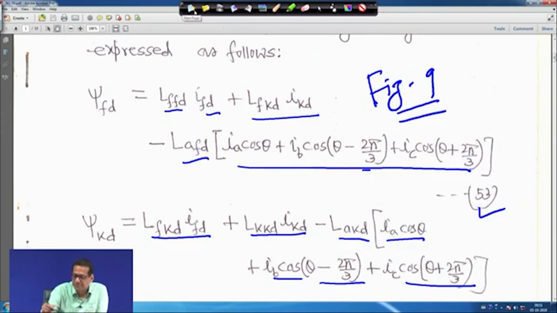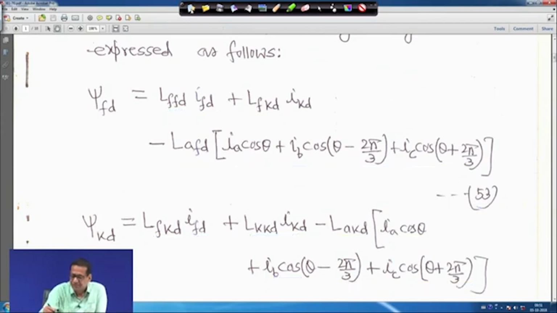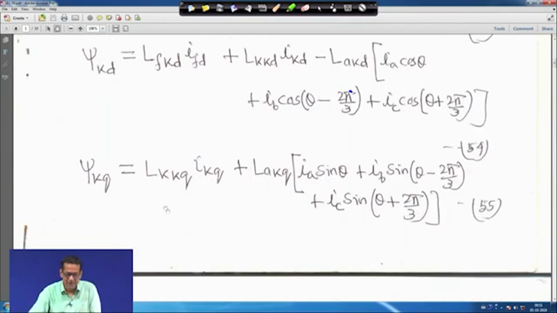Similarly, you have an Emerson winding on the Q axis.